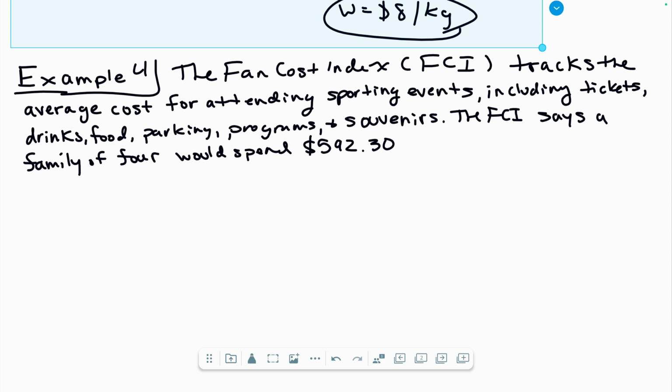to attend 2 MLB games, Major League Baseball, and 1 NBA game.